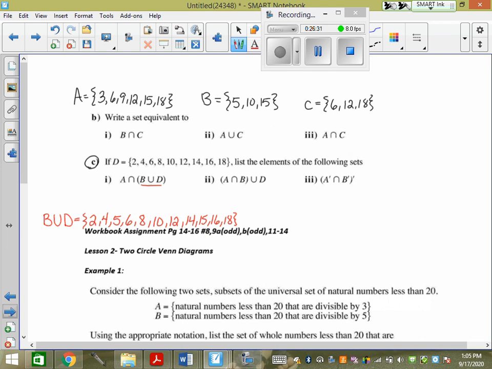Okay, multiples of 6. So I want what's in A and the bracket. What's in A and in B or D? 6, not 9, 12, 15, and 18. Yeah.